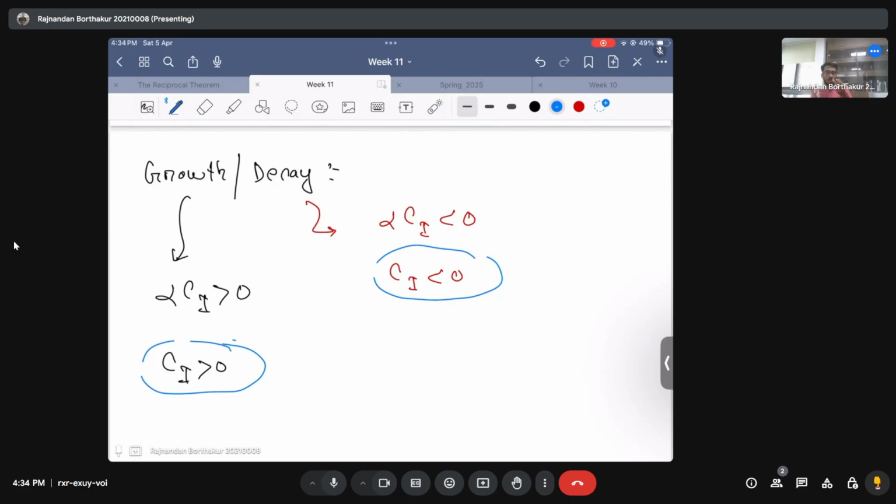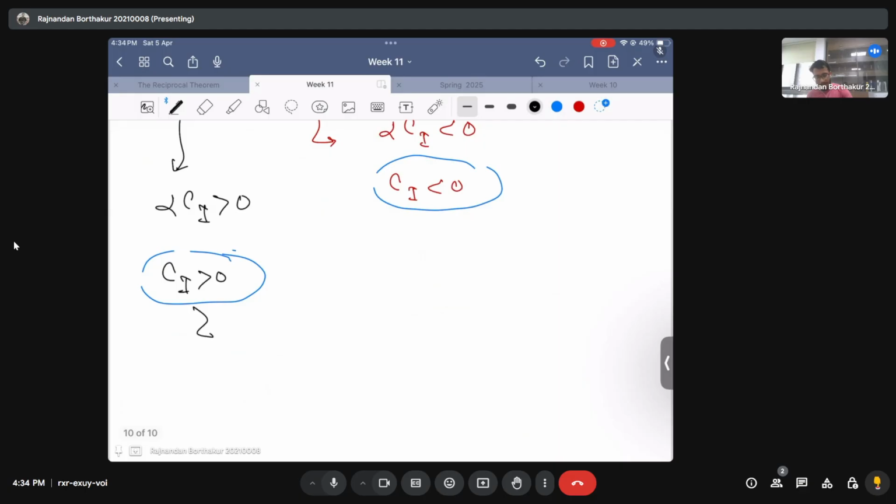So this is the condition which assesses the stability of the problem, meaning that you calculate your eigenvalue. If your imaginary part is less than 0, the perturbations will decay with time. You calculate your eigenvalue, and if your imaginary part is greater than 0, your perturbations will grow with time.